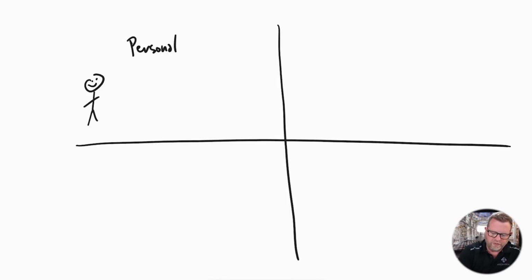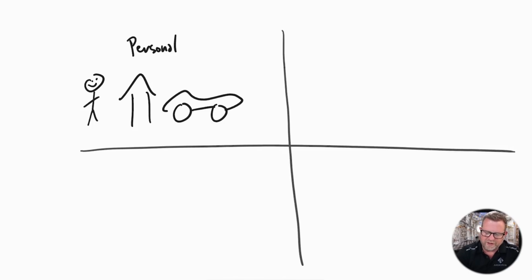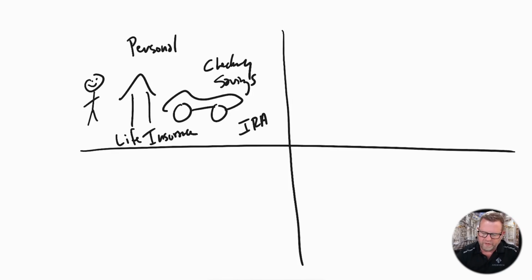I'll just put you, your house, maybe your car, your stuff, your checking accounts, savings, IRA, your life insurance, all this stuff that's tied to you and is in your personal realm. And I just look at it and say, hey, it's on the left side of the chart.